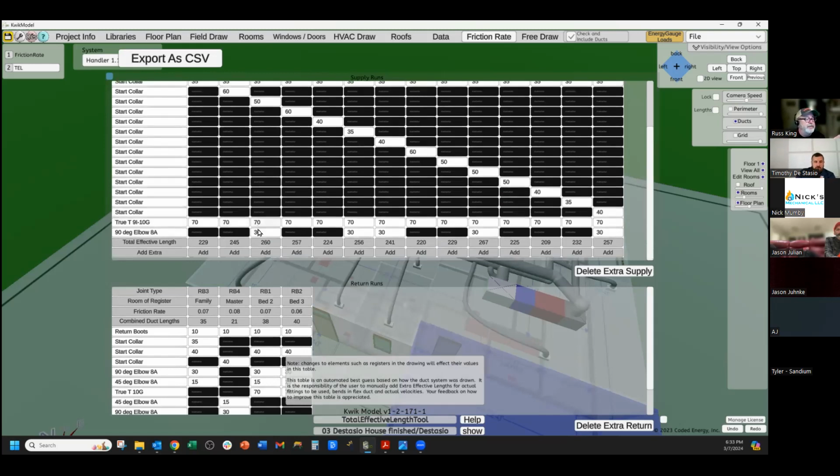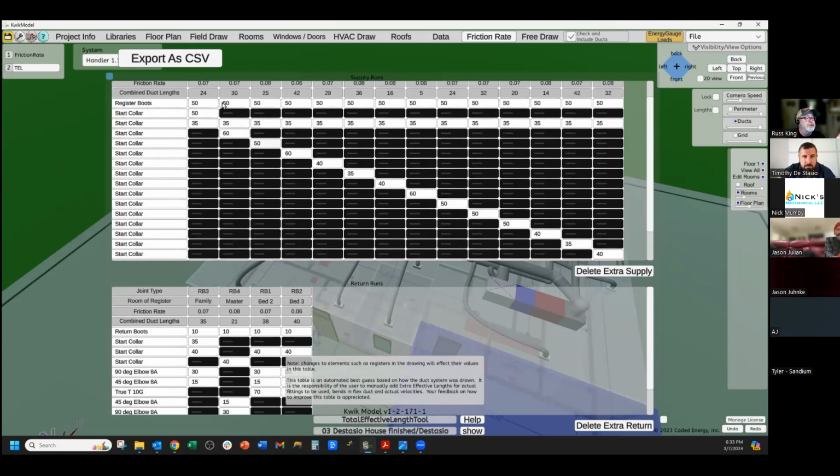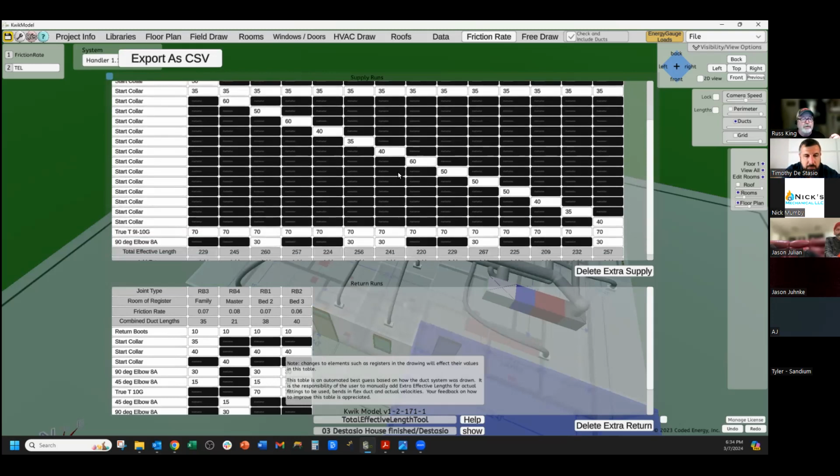Some of these have 90-degree elbows in them, and they all have a register boot. So for each run, it takes a first best guess at your equivalent lengths.